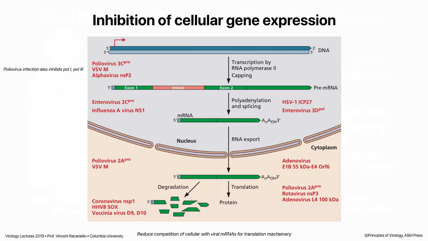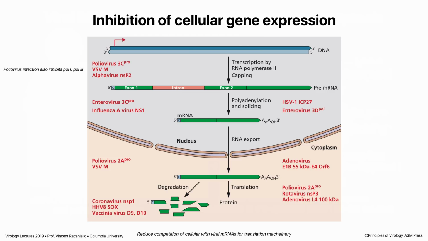Let's talk about gene expression. And you remember this from a couple of lectures ago. This is transcription and RNA processing. We have a double-stranded DNA in the nucleus. It's transcribed by Pol II. It's spliced, forming a capped polyadenylated RNA, which is then exported.